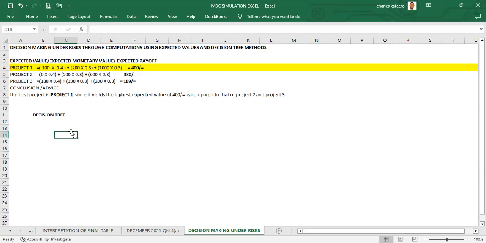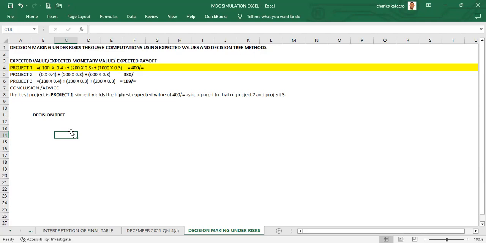But for the decision tree, we said it has the decision points, and those decision points are represented by a box. Then the states of nature are the ones that are represented by circles.